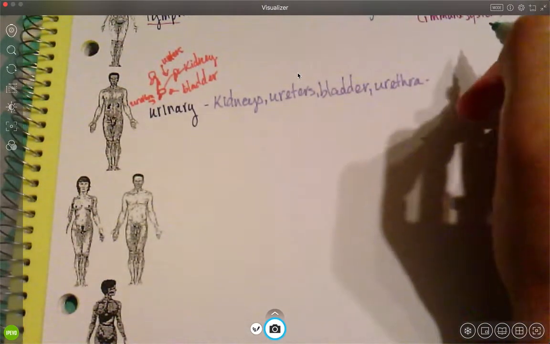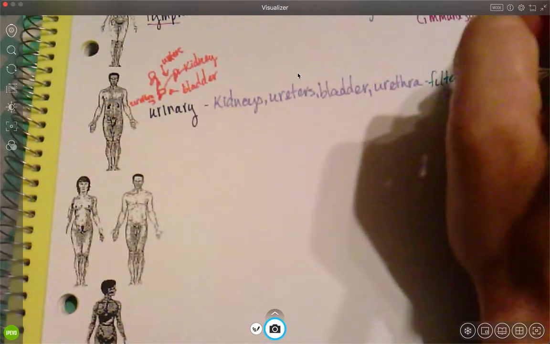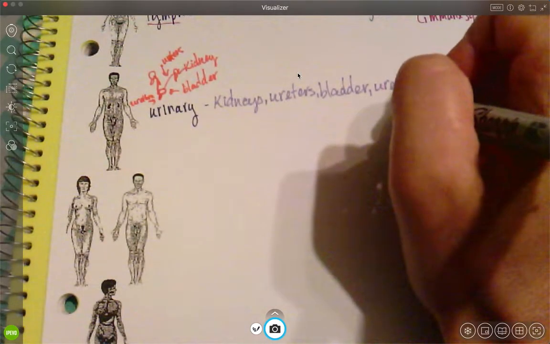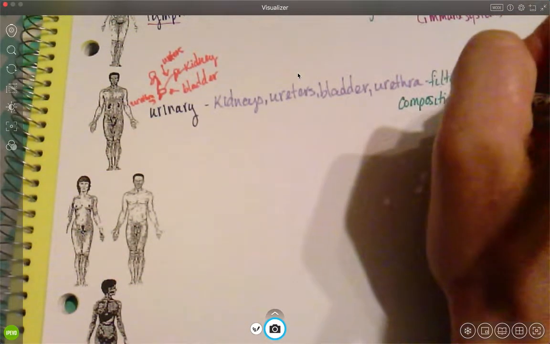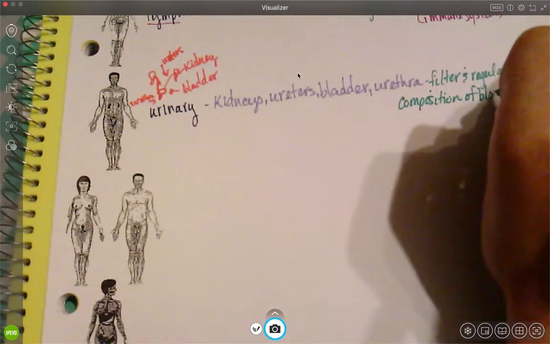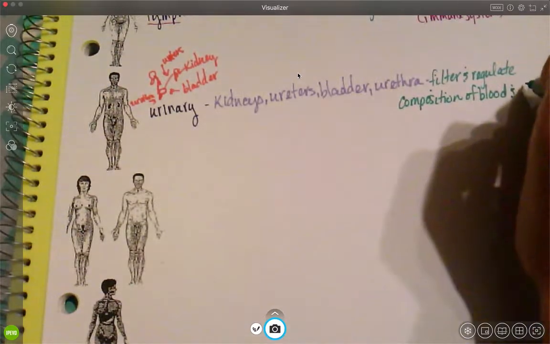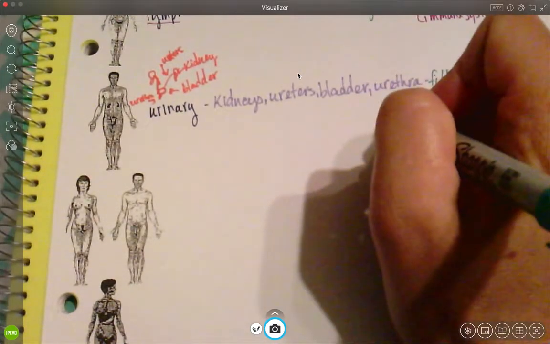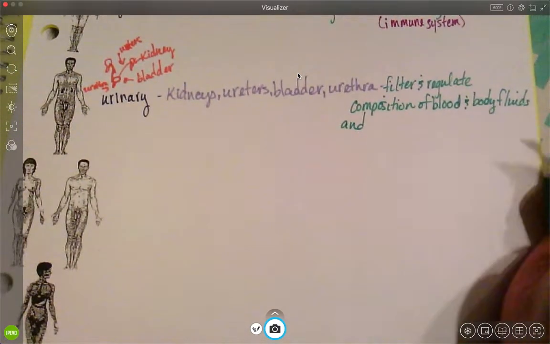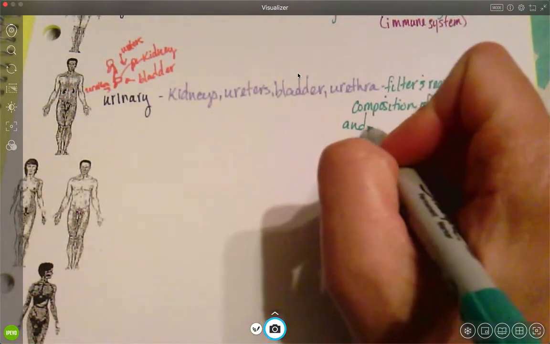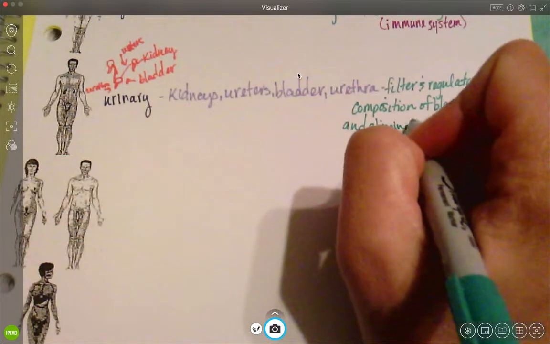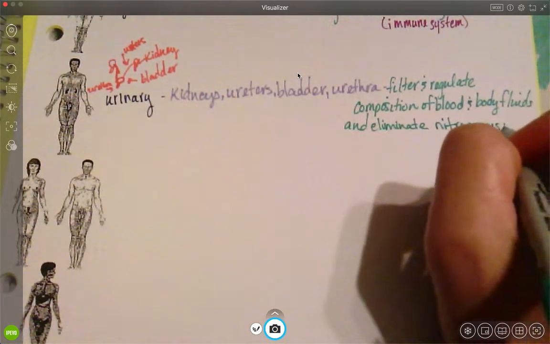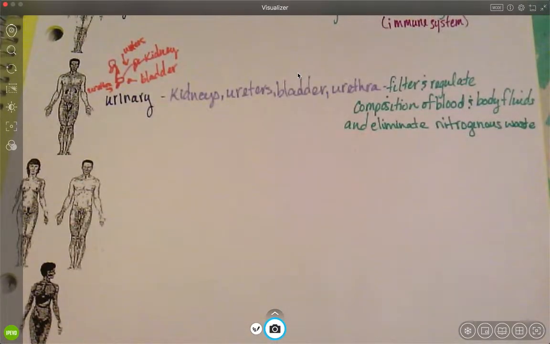So what are we looking at the urinary system to do? We're looking at it to filter and regulate the composition of the blood and body fluids, and eliminate nitrogenous, so like nitrogen, waste.